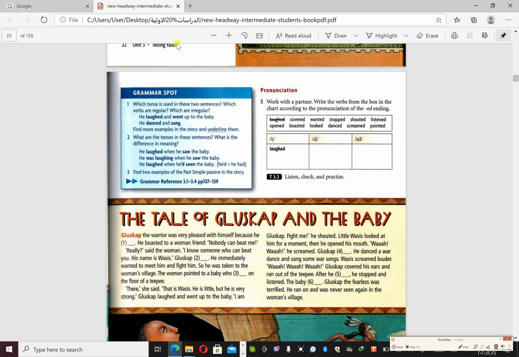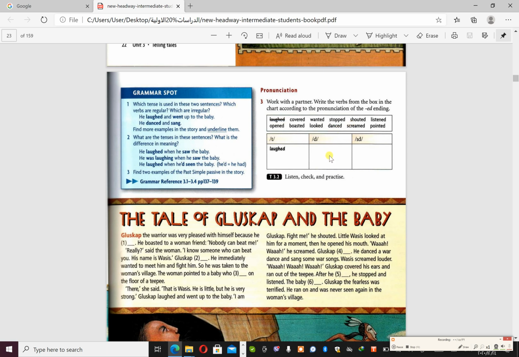Like here, laugh, laughed, cover, covered, okay? Here, wanted, okay? Stop, stopped, shout, shouted, okay?